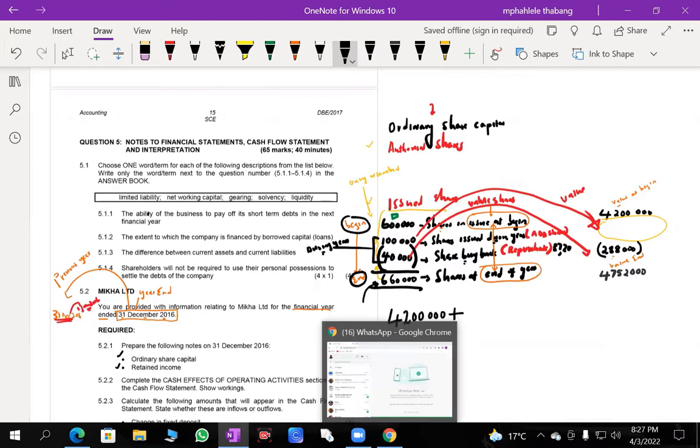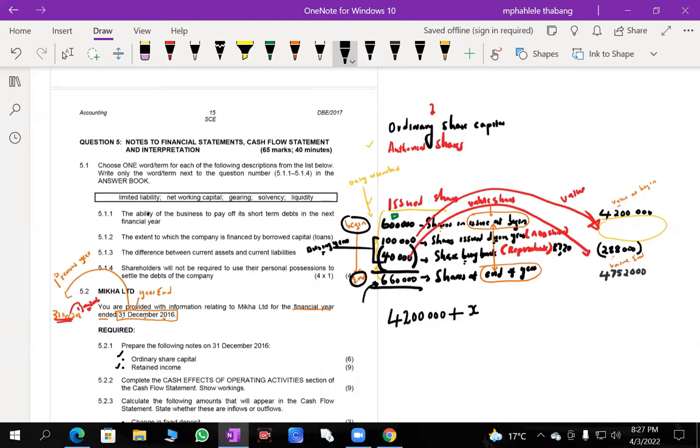which I don't know. This is why we love maths, it's able to solve what we don't know. We add the value of shares, which we don't know. I will just say it's X. And then I subtract, because the share buyback should always be bracketed.